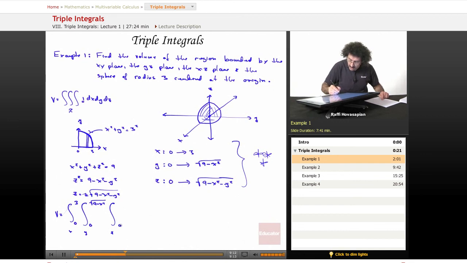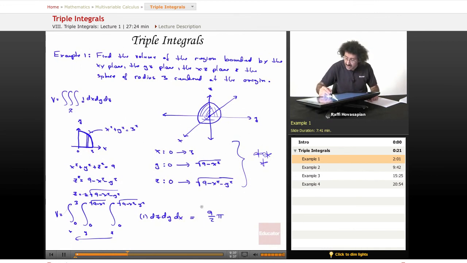And z is going to go from 0 to radical 9 minus x squared minus y squared. And of course, our function is 1. We're going to do dz, dy, dx, right? Inner to outer, z, y, x. We're integrating in that direction. Well, when you put this into your software, you get 9 halves pi. That's it. That's the volume of that region.